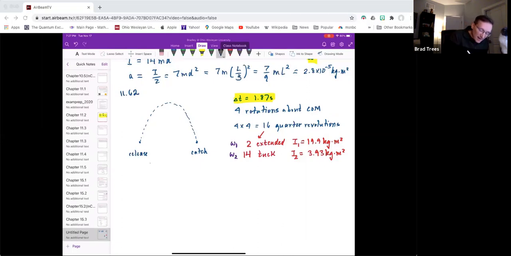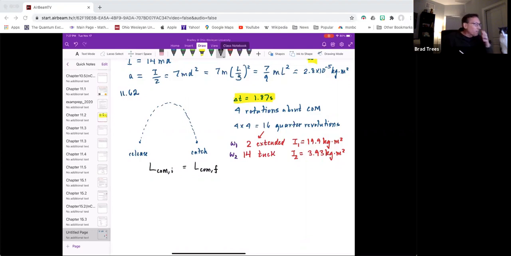So the angular momentum about the center of mass can't change. While there is a force acting, F grav, there is no torque from that F grav about the center of mass. So the angular momentum about the center of mass is always the same.